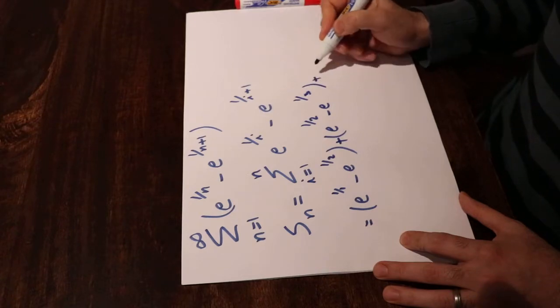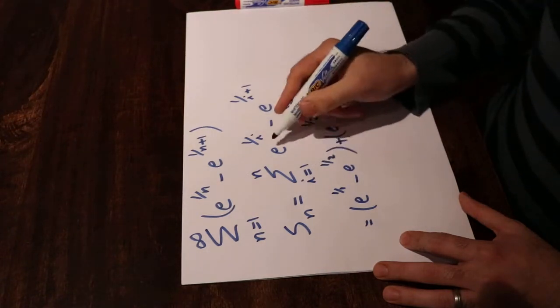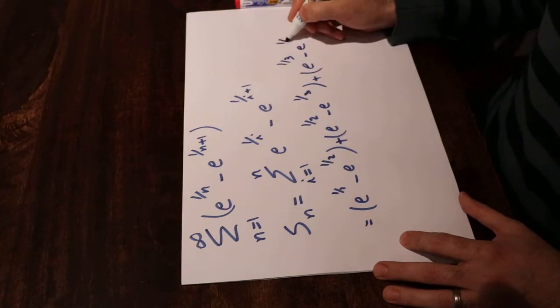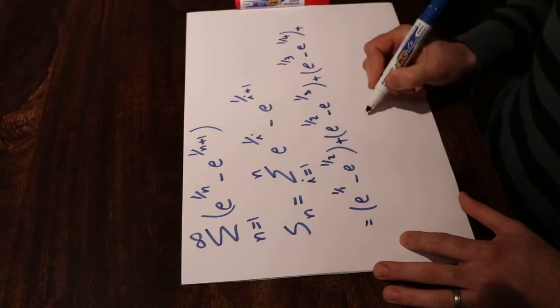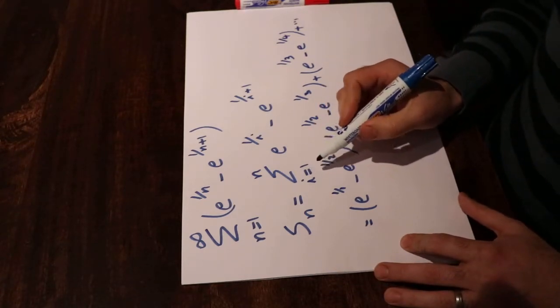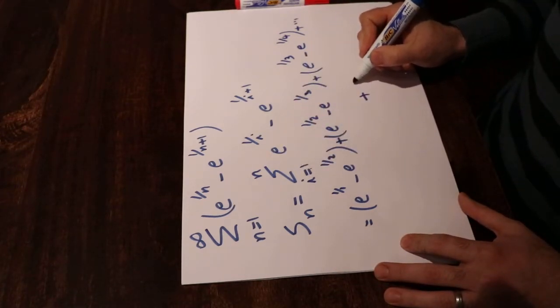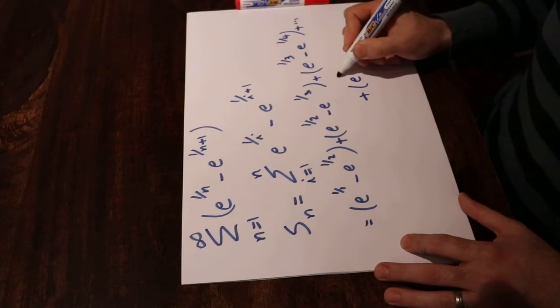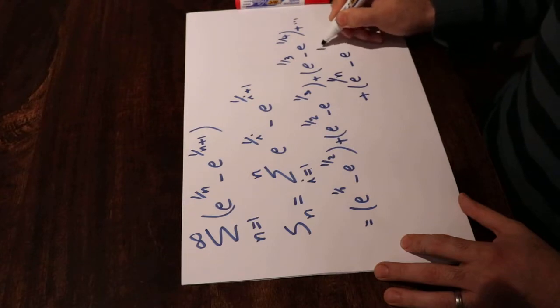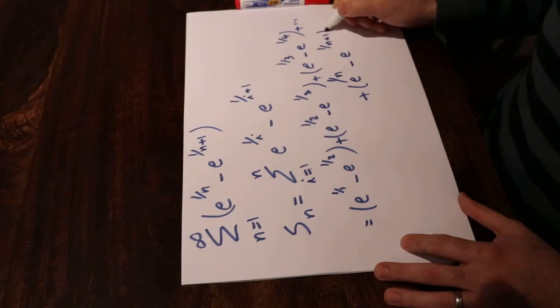Plus, i will be 3, that will be e^(1/3) minus e^(1/4). And you can continue that until i is equal to n, and that will be e^(1/n) minus e^(1/(n+1)).